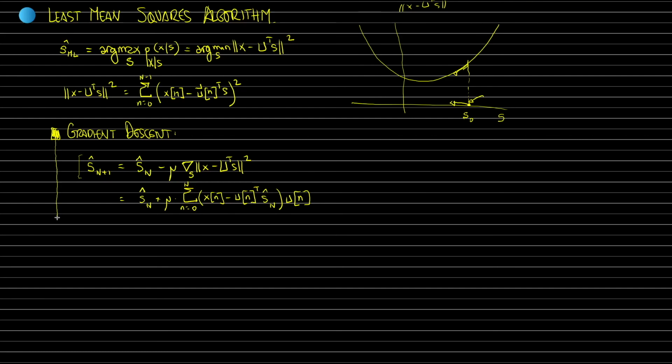And the computational cost of this function is proportional to the number of samples. So in order to have an algorithm whose complexity doesn't grow with the sample size, we can apply the stochastic version of this, which is called the stochastic gradient descent method.